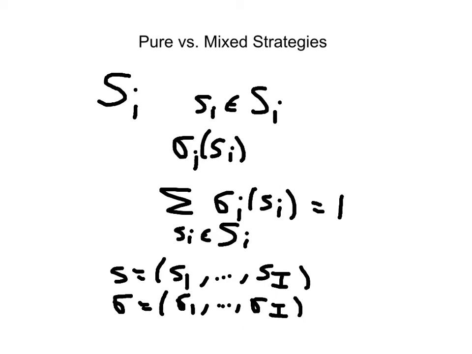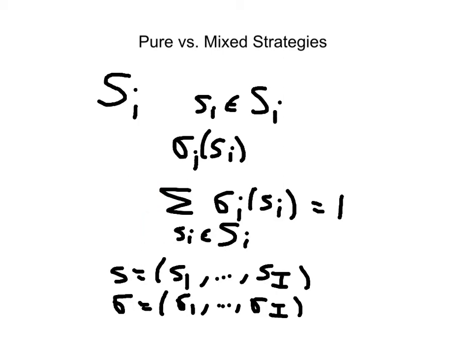And of course, these don't need to add up to 1 because these are strategies being played by different players. What needs to add up to 1 instead are the probabilities assigned to strategies within each player's strategy set as being described here.